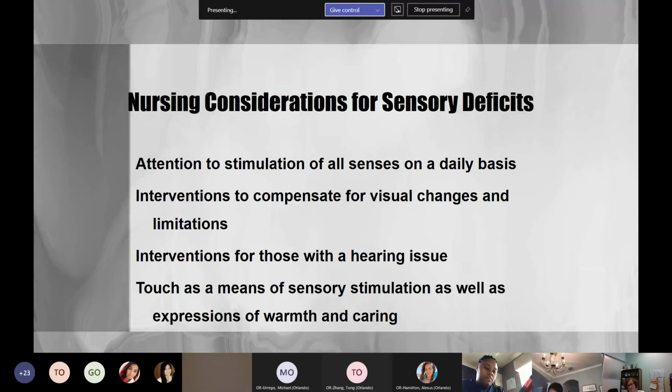So when we talk about sensory deficits, we talk about more than just hearing and vision. But these are the two most common for our older population, other than taste, sensation, and those things. So how can we help them? Well, you remember way back in fundamentals, we talked about a variety of flavors and colors for the diet to make the food look good enough to eat.